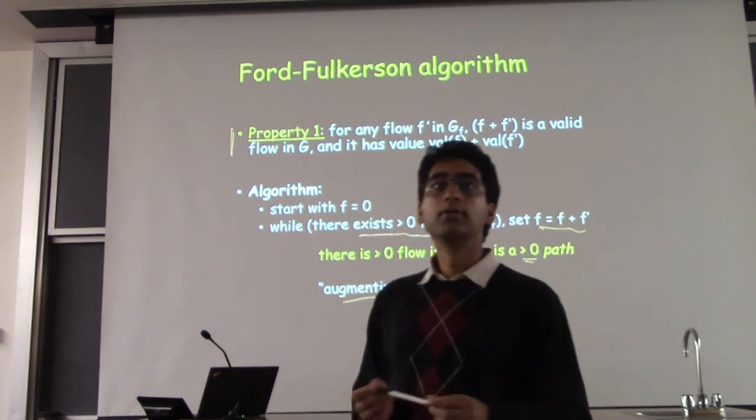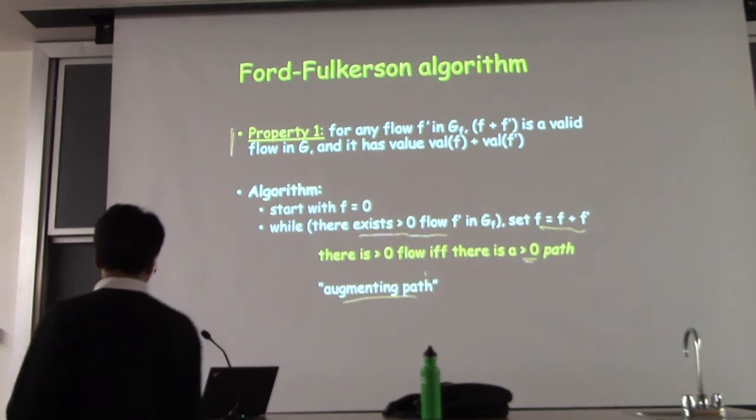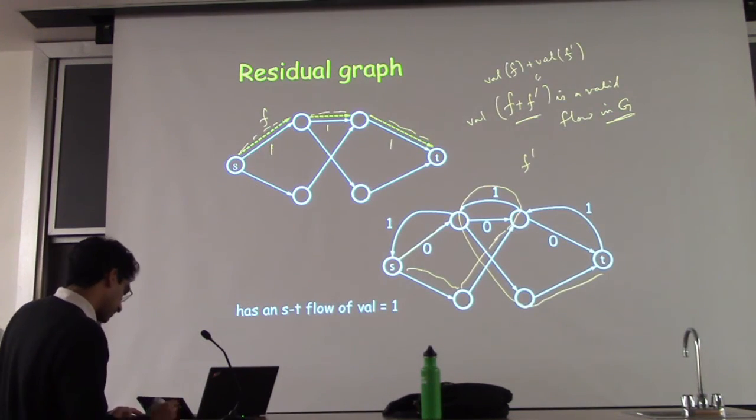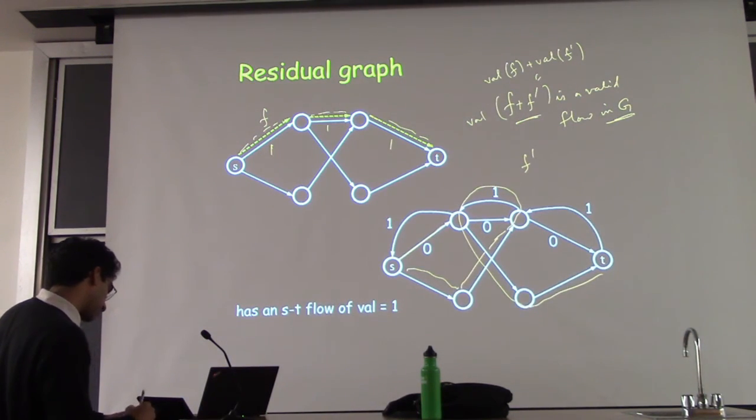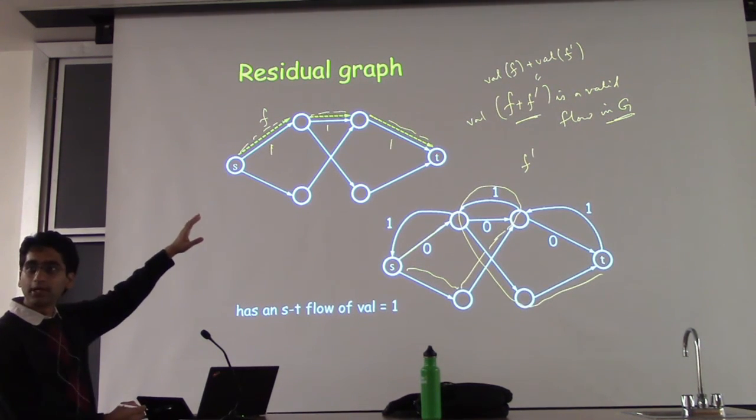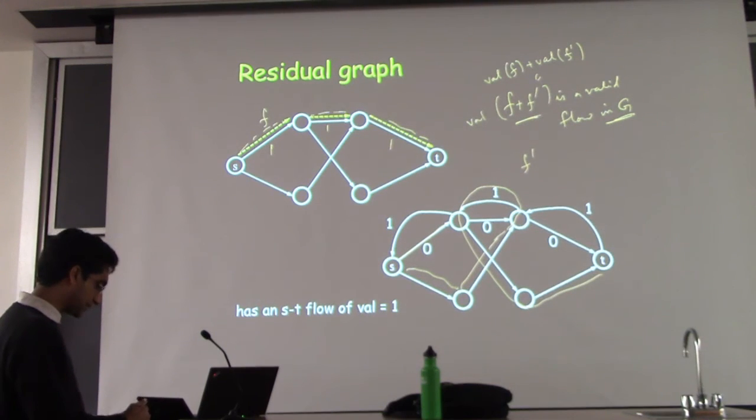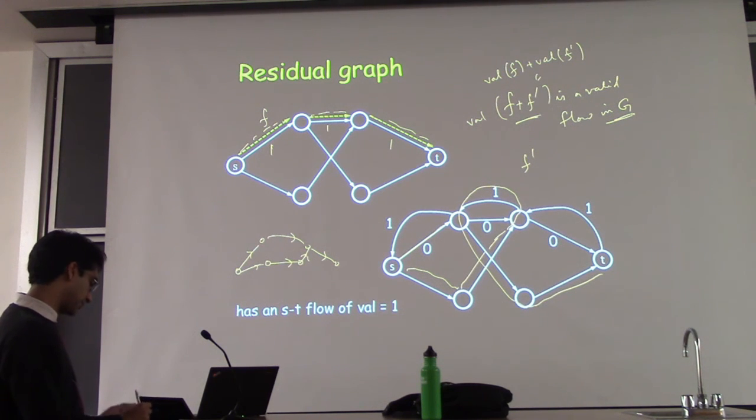Visually, what that means. So f plus f prime, maybe I should, I defined it last time, but basically, let's say you have some flow, right? This is too simplistic, so let me draw a little bit more complicated one. So you have some edges, and maybe there are more edges in the graph.